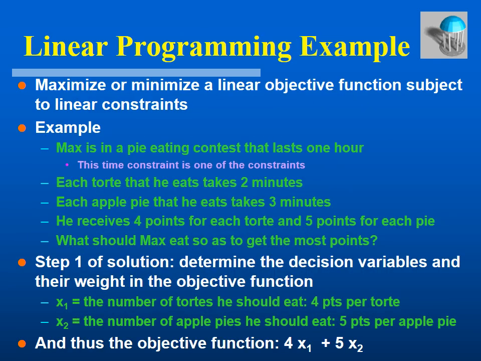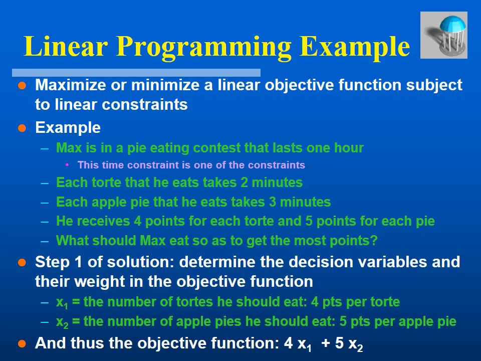To make this problem of linear programming concrete, let's look at an example. The example is a pie eating contest, and the total time is 1 hour, and that's the constraint.